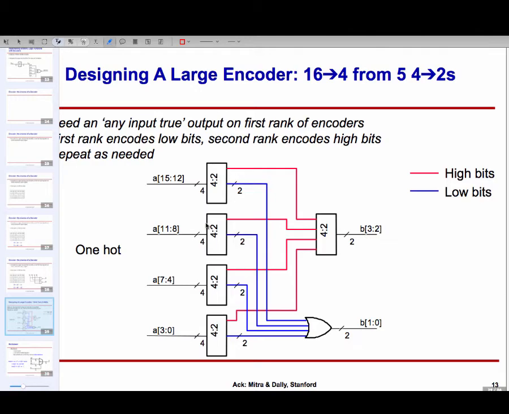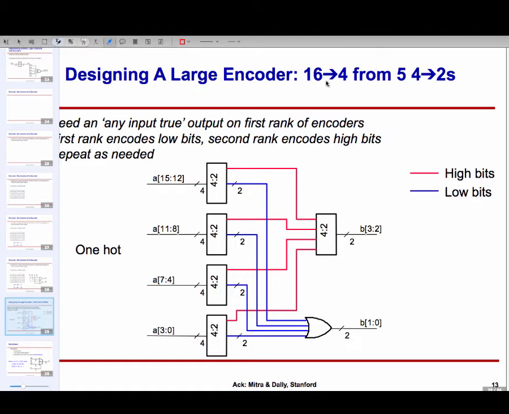Let's say I want to create a 16:4 encoder. It takes a 16-bit one hot coded signal, and my output is 4 bits because I have 16 possible values. I'm given a supply of 4:2 encoders, specifically 5 of them.